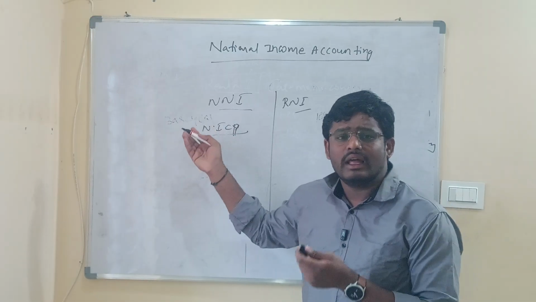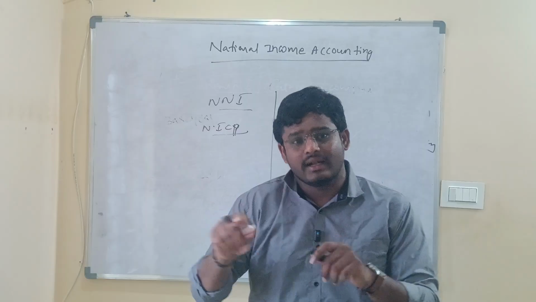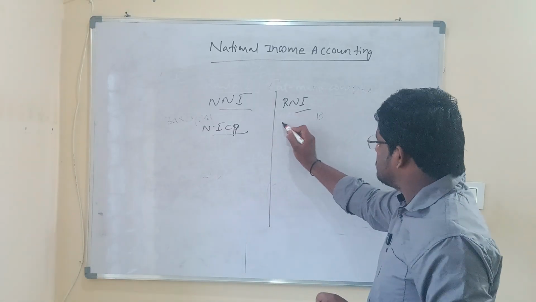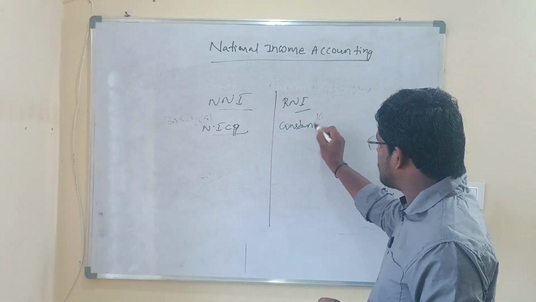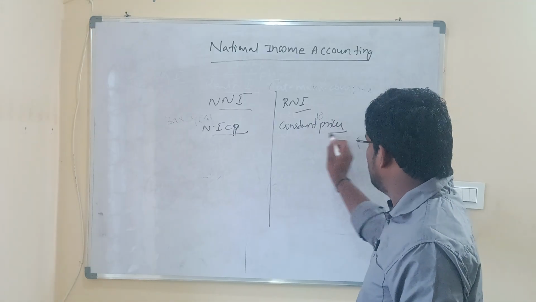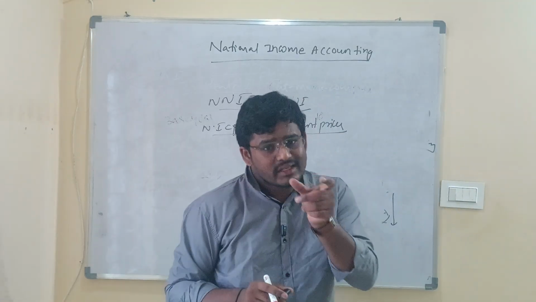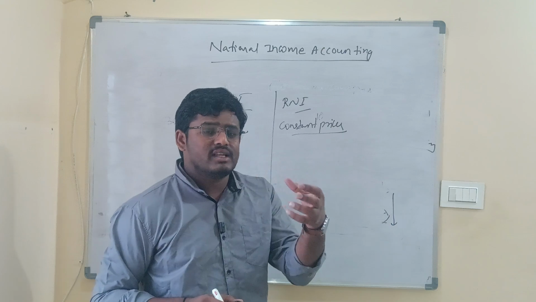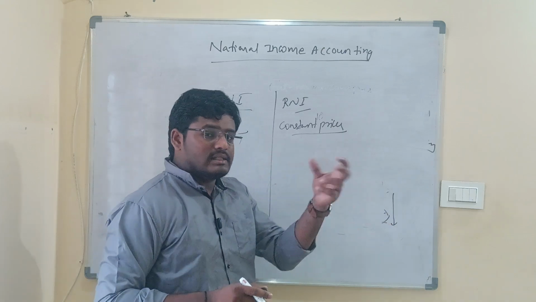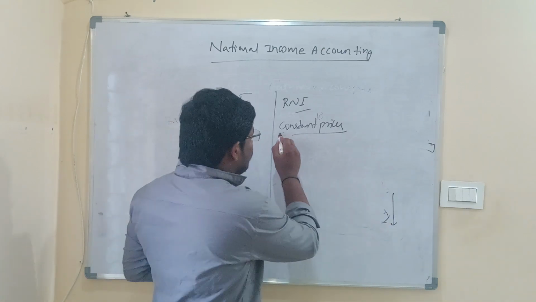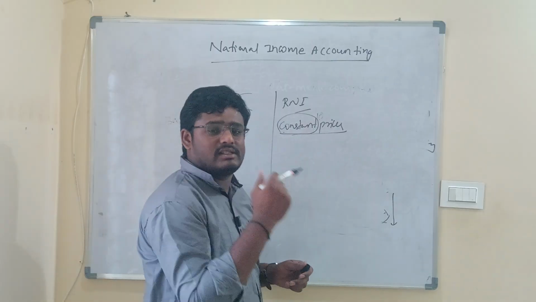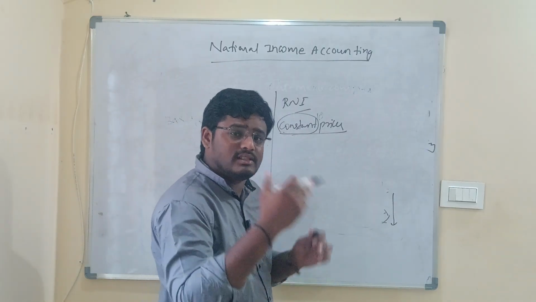Why? Because we are taking the prices from the current year only. Now the real national income is known as national income at constant prices. Why is it called national income at constant prices? Because we have fixed the price by taking it from the base year. Since we have fixed it, that is why we call it constant prices. The prices are constant, they don't change.